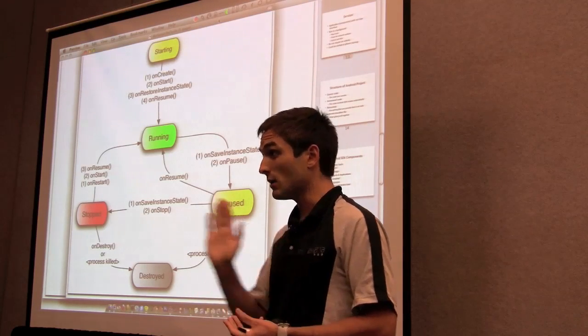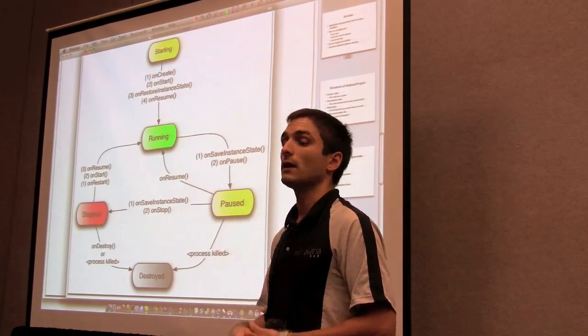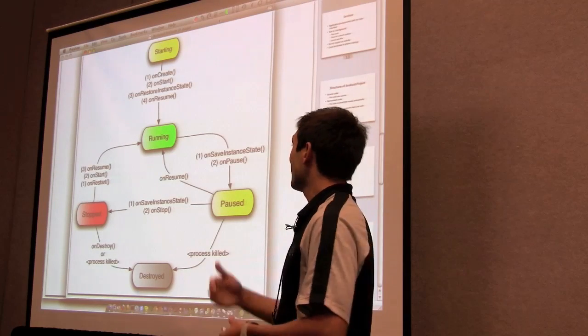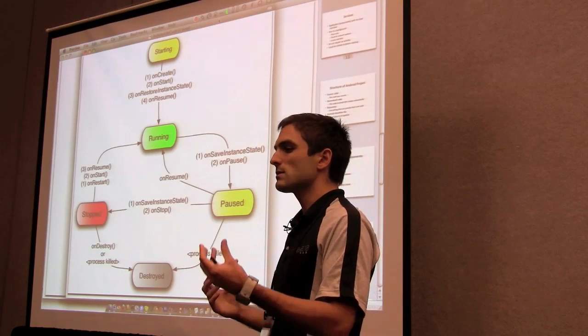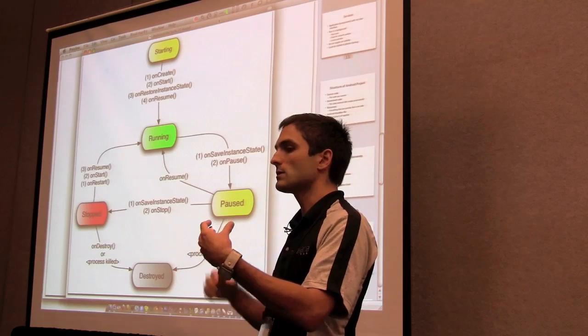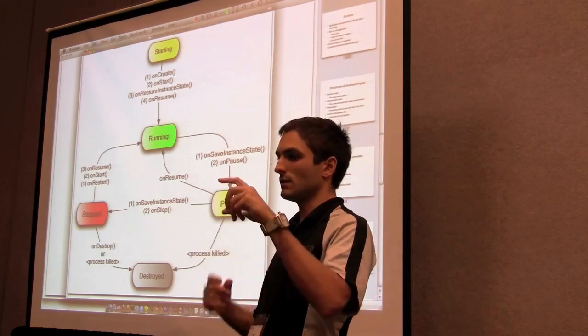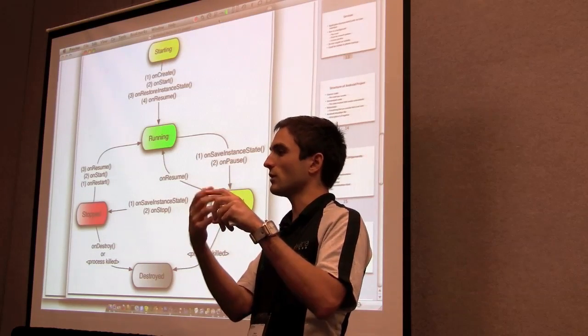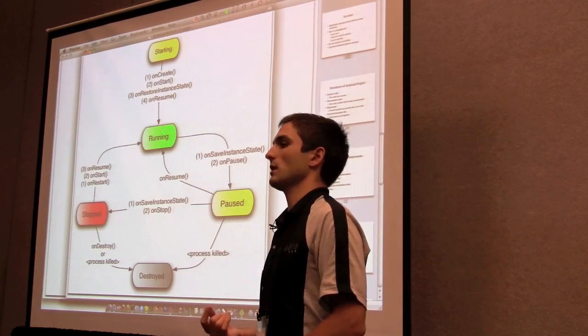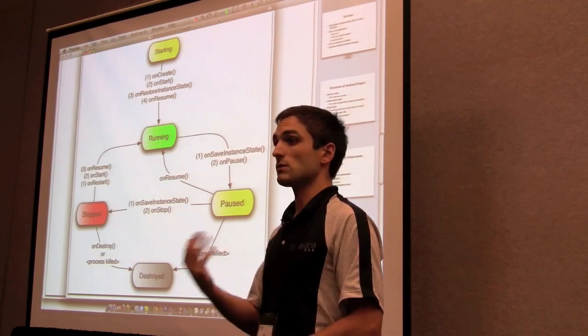The one that's user-facing gets the memory. Paused usually means it's visible but not focused. It could be in the background, not really interacting with the user. That one is also going to get some memory because it's in the user's face.